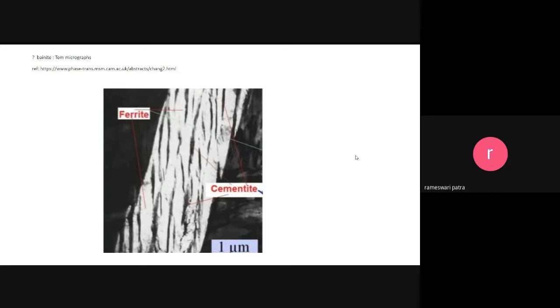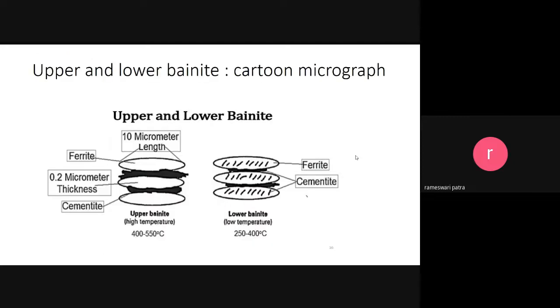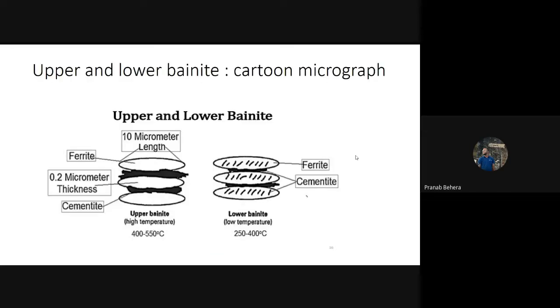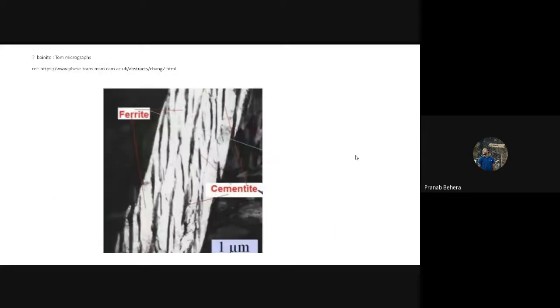It is upper or lower? Just compare this one with this one. Black portion is ferrite. Just look at this one at least. How can you say the black portion is ferrite and the black portion is cementite? Just look at this one and tell me.